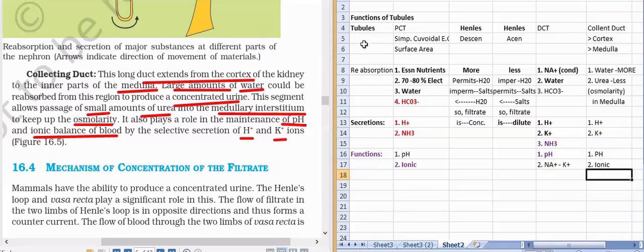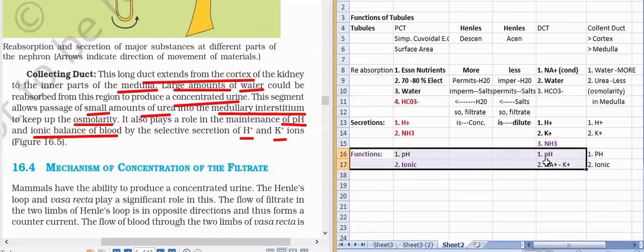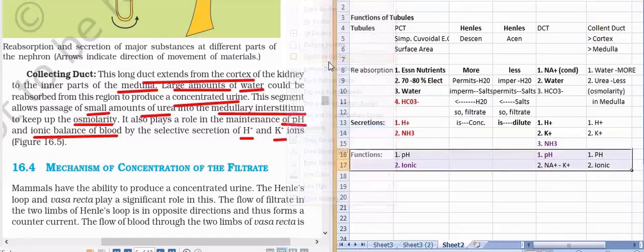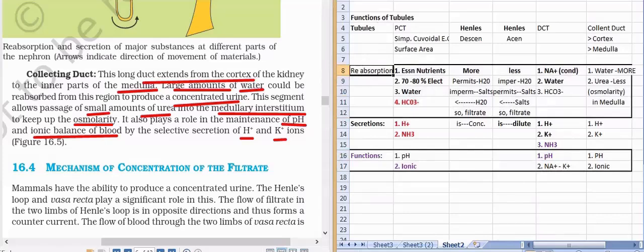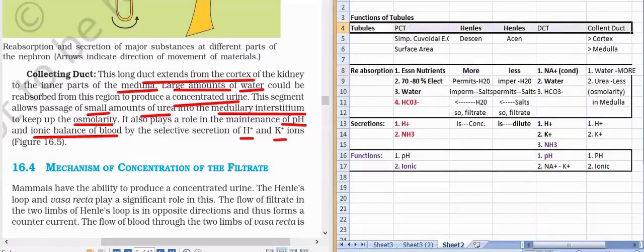So this is the notes of these functions. It is a simple function to remember, but primarily you have to remember this reabsorption concept. That's it. These are names, headings. This is the topic.